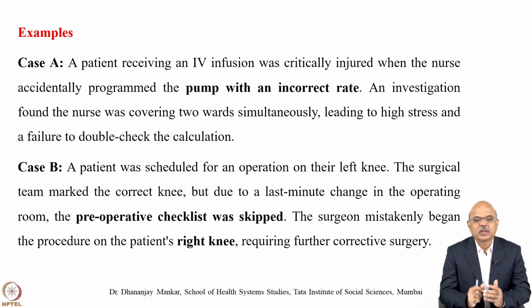The surgeon mistakenly began the procedure on the patient's right knee, which was very unexpected. This last-minute change required further corrective surgery for the patient, where a major patient safety issue occurred.